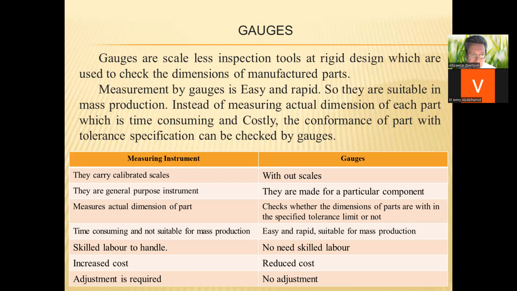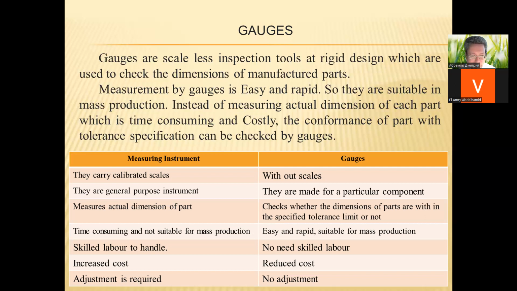Measuring instruments are general purpose instruments. Gauges are made for a particular component. Measuring instruments measure the actual dimension of a part, and gauges check whether the dimensions of parts are within the specified tolerance limit or not.